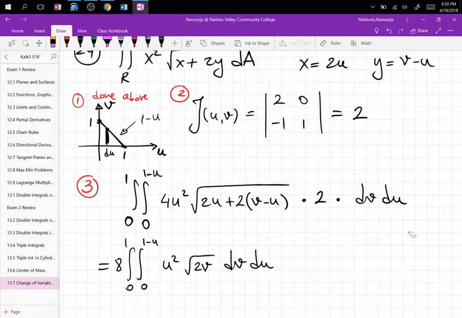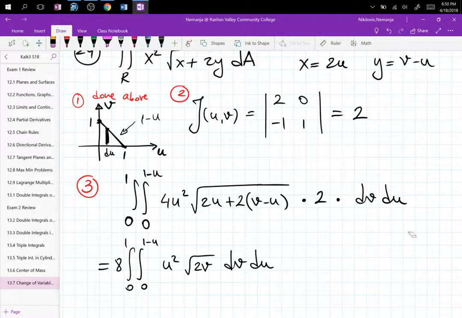It doesn't happen. We transform everything. We transform the region, we transform the function, and we also transform the dx, dy, or dA, and the Jacobian is part of that transformation, right?